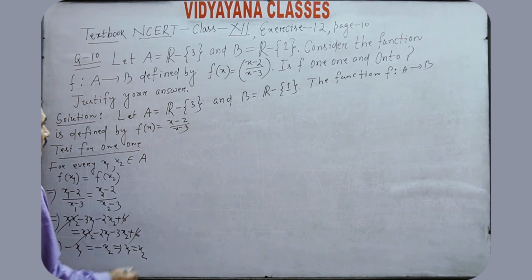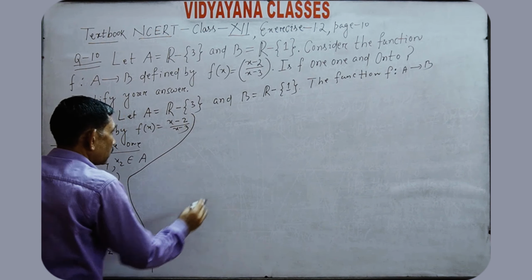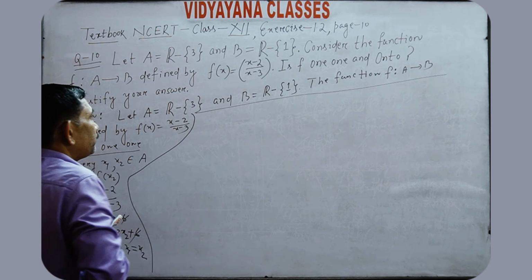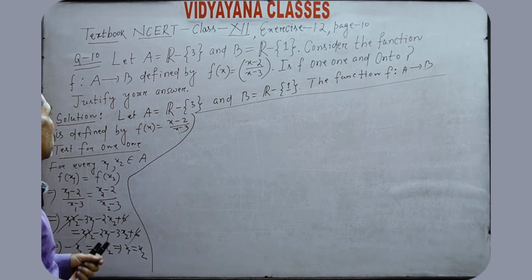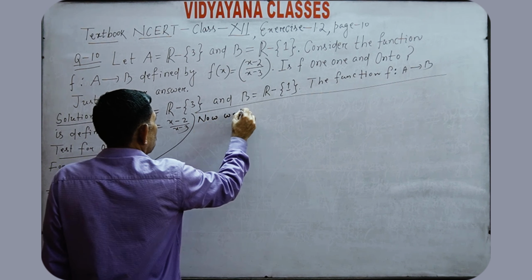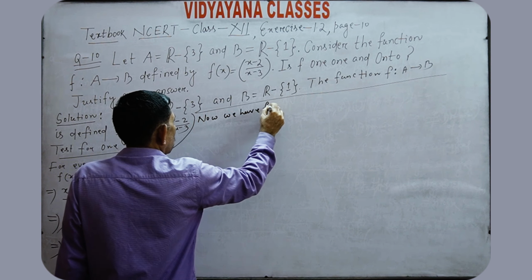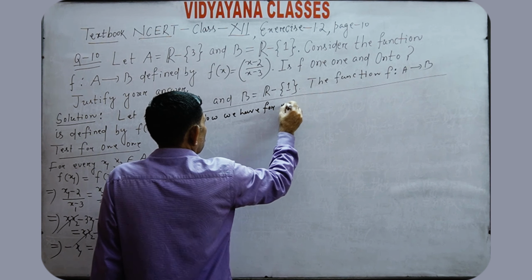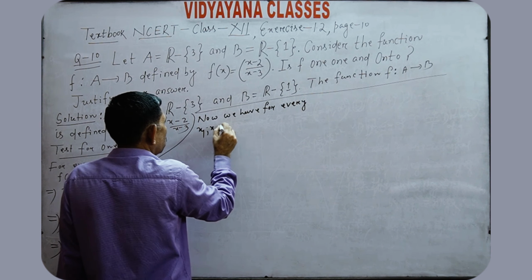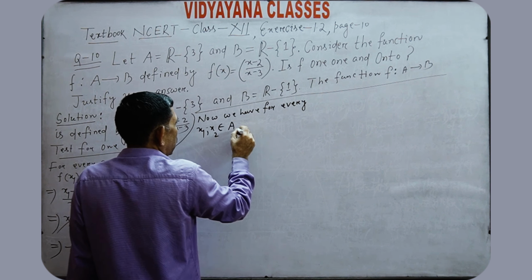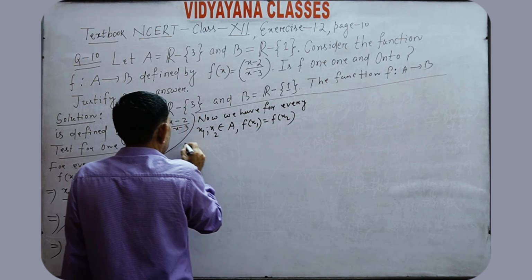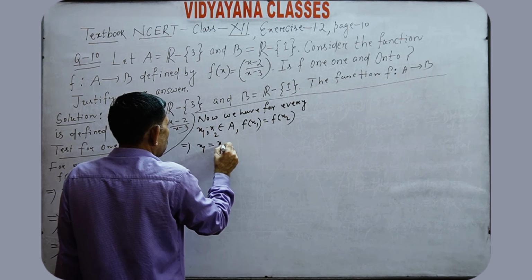Now we have, for every x1, x2 belonging to capital A, f(x1) equal to f(x2) implies x1 is equal to x2.